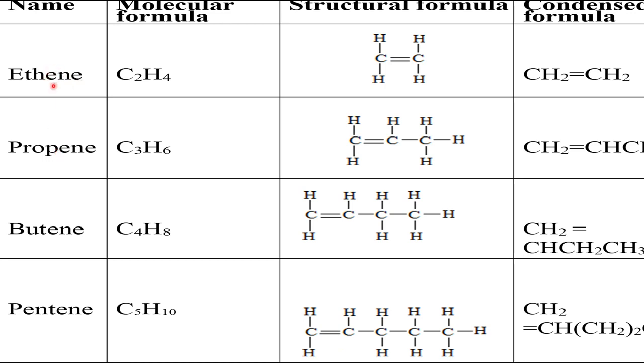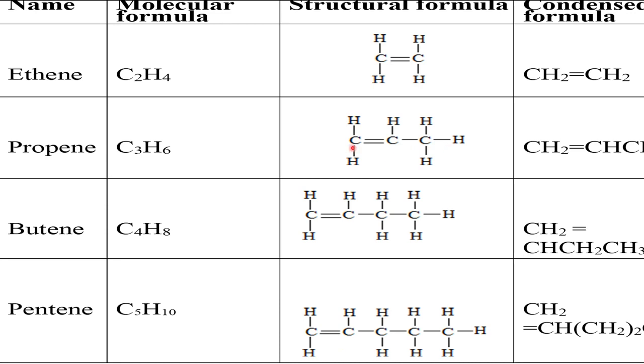So ethene is written as C2H4, and as you can see, we have 2 carbon atoms, a double bond, then we populate them with hydrogen atoms. Remember, the maximum number of bonds a carbon atom can form is 4. So we have 1, 2, 3, 4. Even this one we have 1, 2, 3, 4. Then propene, C3H6. It is this one with a single double bond here.